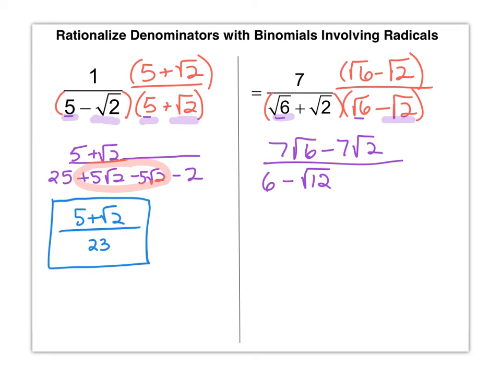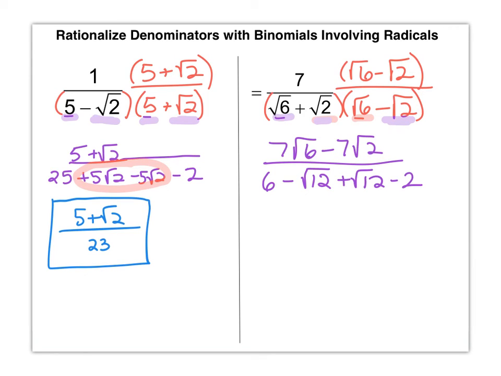The inner, the square root of 2 and the square root of 6, multiply those together to get plus the square root of 12. And then the last, the square root of 2 times the negative square root of 2, is minus the square root of 4, which is minus 2.